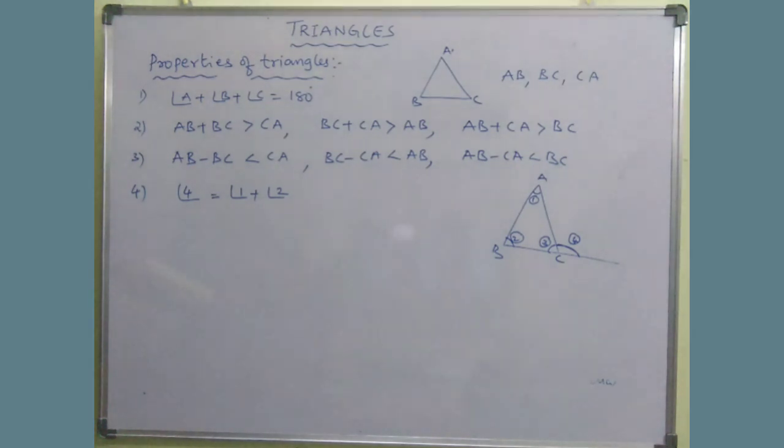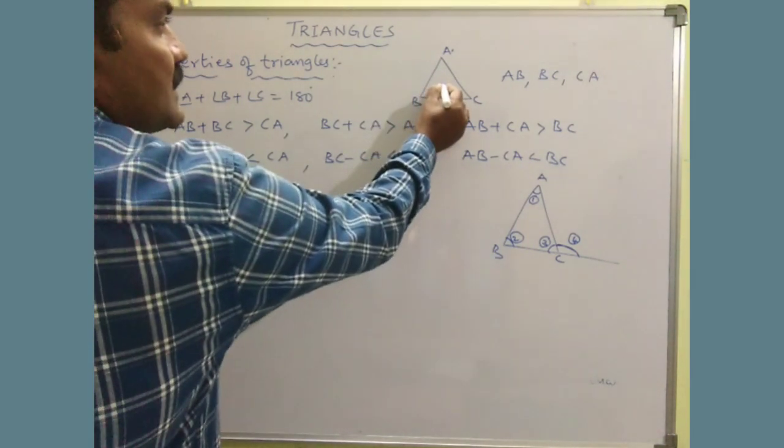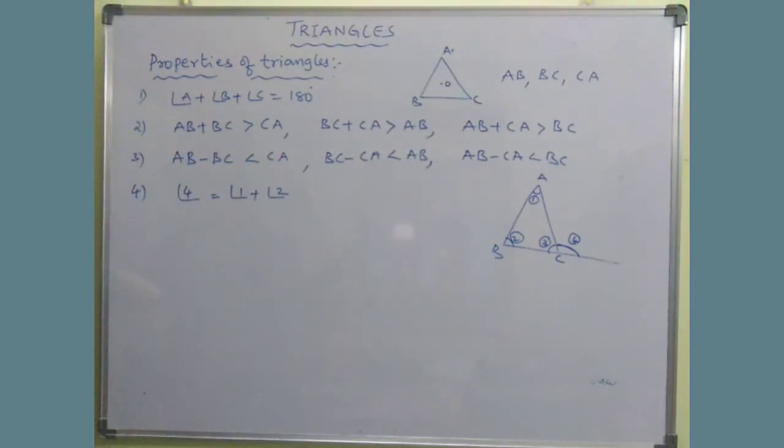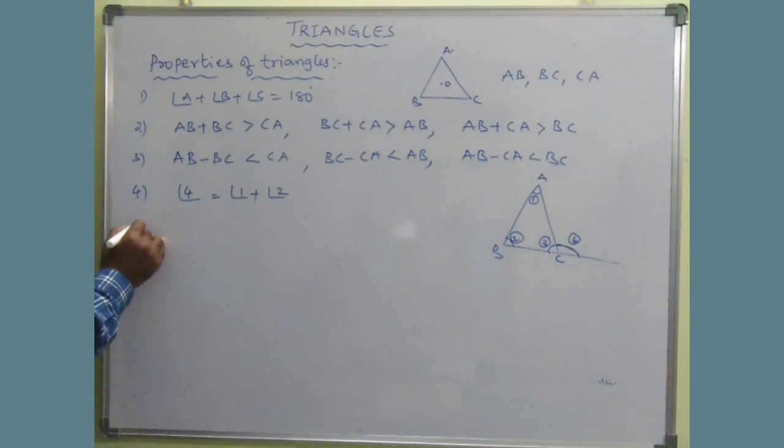Okay? Coming to the next point, suppose O is an interior point of the triangle. The fifth one I already told you, now the sixth one.